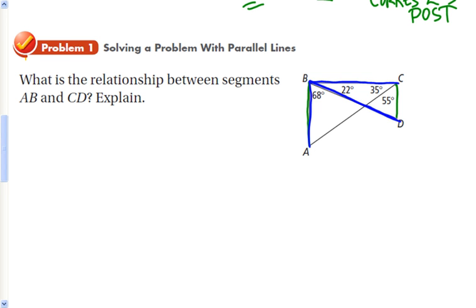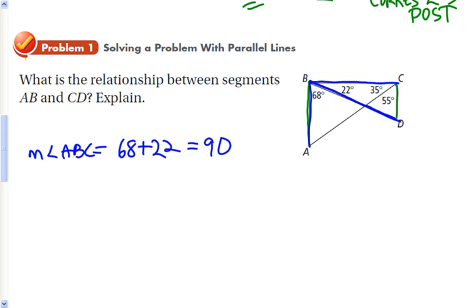So the measure of angle ABC is equal to 68 plus 22, which is 90. And that's using the angle addition postulate.